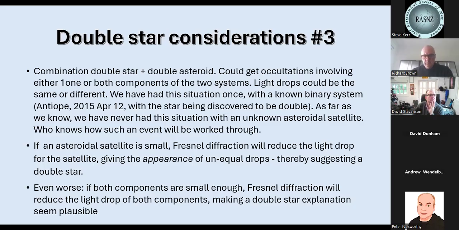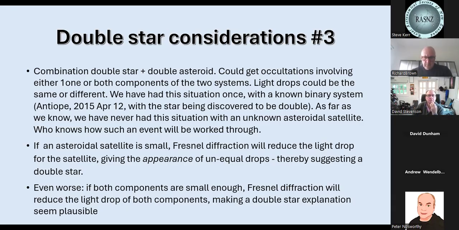And then the last one: in the right circumstances, as we get smaller and smaller, significant Fresnel diffraction on both components gives you only partial light drops of both, giving the appearance of a double star.